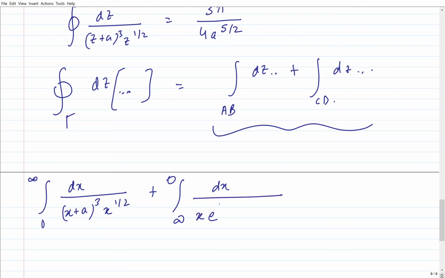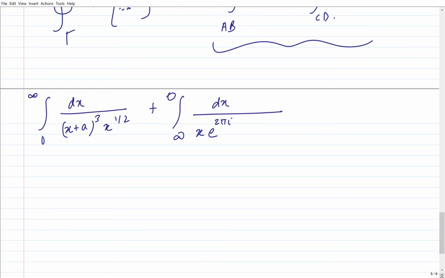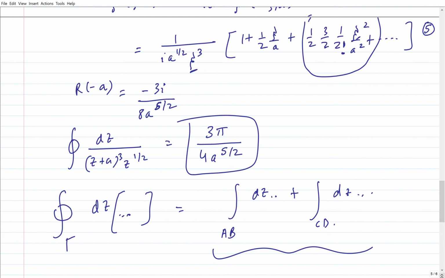And now x changes its definition to be, remember this was my branch cut, so the whole rotation, this guy over here is x e to the power of 2 pi iota. So that gives me x half e to the power of iota pi, and that is equal to the value of the contour integral I evaluated.